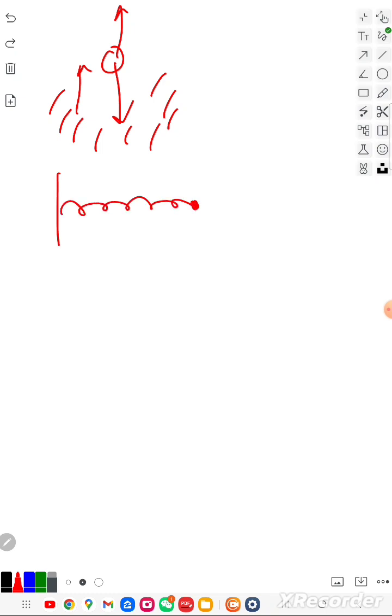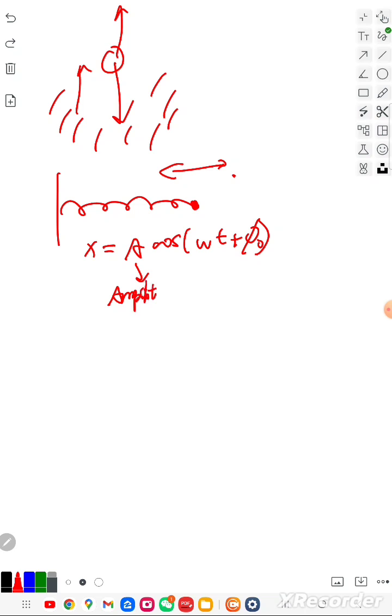If it does a simple harmonic motion, its movement equation is x equals A cosine(omega t plus phi0), where A is the amplitude, omega is called the angular frequency, and phi0 is the initial phase.